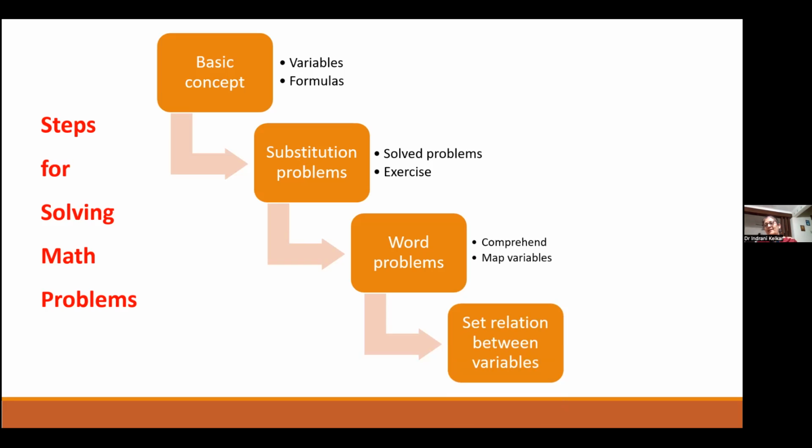And then set a relation between the variables by knowing the word problem's comprehension and the basic formulas, two things you connect. Once you have set the relation between variables, choose the appropriate formula depending on what kind of variable set you got, solve it, and finally interpret it because you want to come back to the word problem which is about a real life problem. So this is something called mathematical modeling in general.